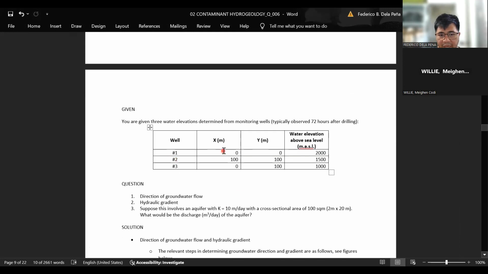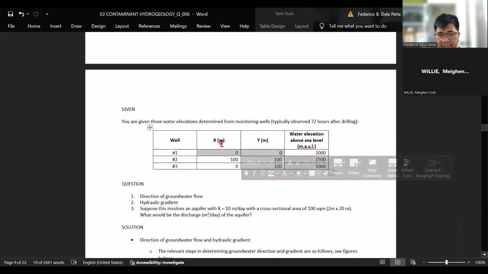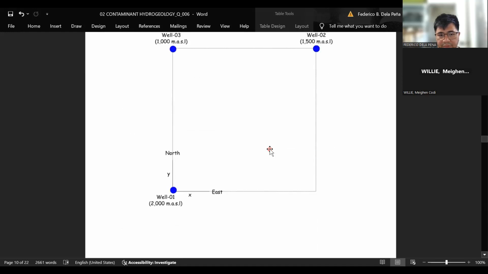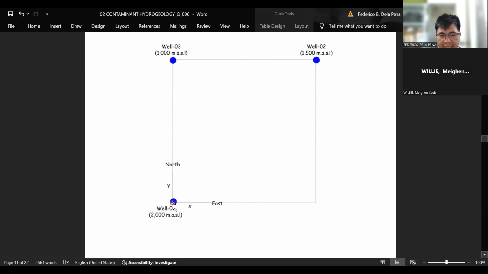For example, well 1 has a coordinate X equals 0 and Y equals 0. And naturally, you will have well 1 at the origin. So it's just located at the origin. This is well 1.